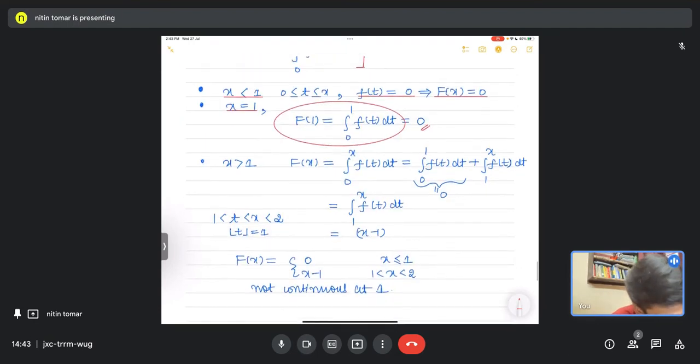Now when x is greater than 1, then F of x by definition is the integral from 0 to x of f of t dt. We can break it into two parts, 0 to 1 and 1 to x. The 0 to 1 part will be 0, obviously, by using the previous calculation, and we will be left with this part.